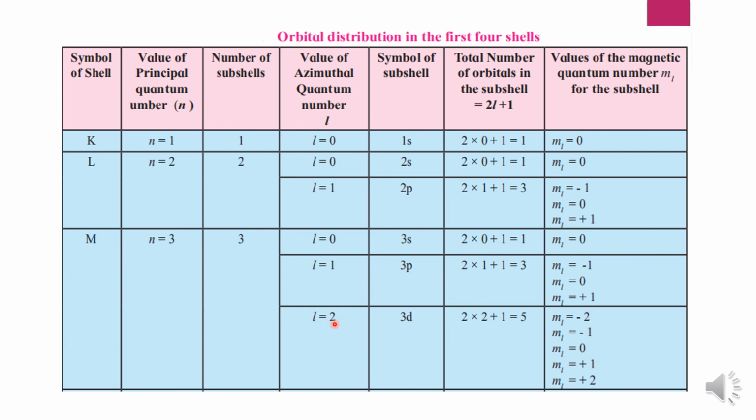Then for L equals 2, the values would be minus 2, minus 1, 0, plus 1, plus 2. In this way we write the magnetic quantum numbers. So children, this is all about your quantum numbers. Thank you.